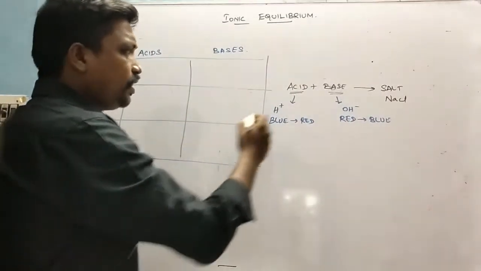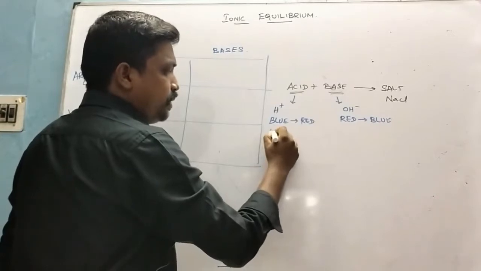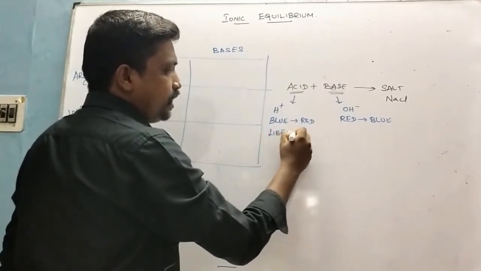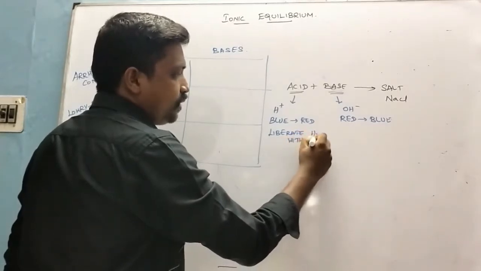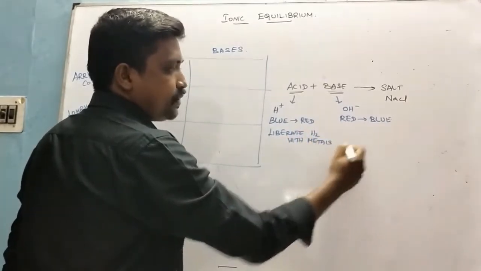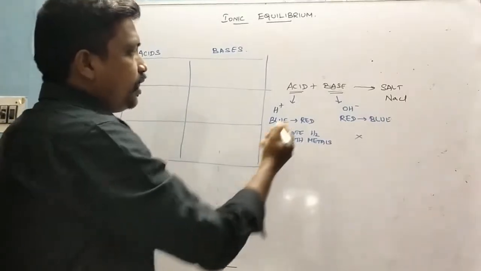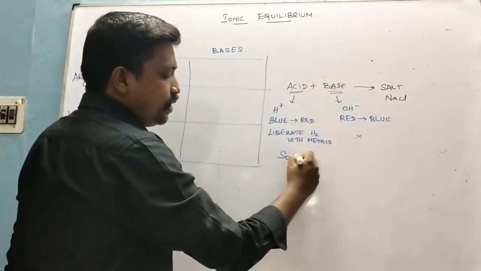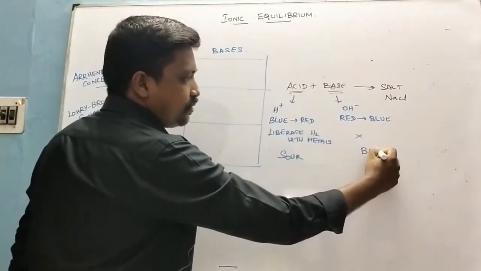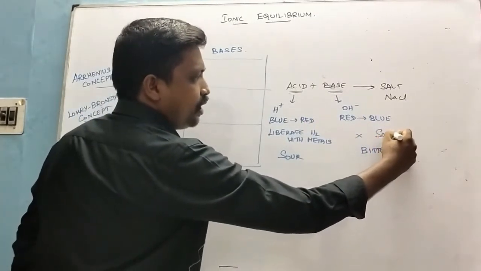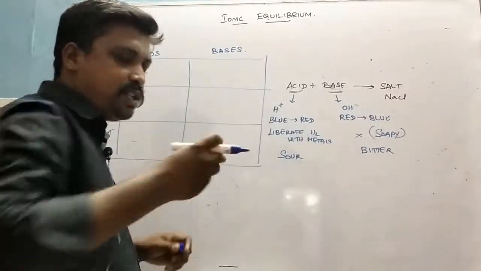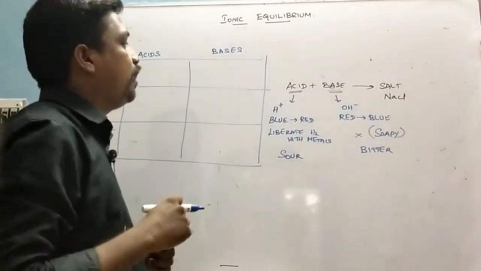Acids generally liberate hydrogen gas with metals; here no such reaction is observed. Acids have a sour taste, so bases have a bitter taste. Another important aspect of bases is they are soapy in nature, soapy meaning viscous, right?